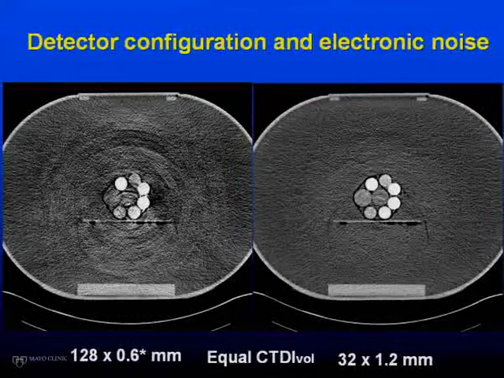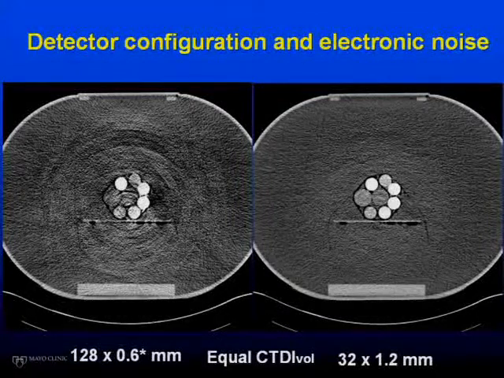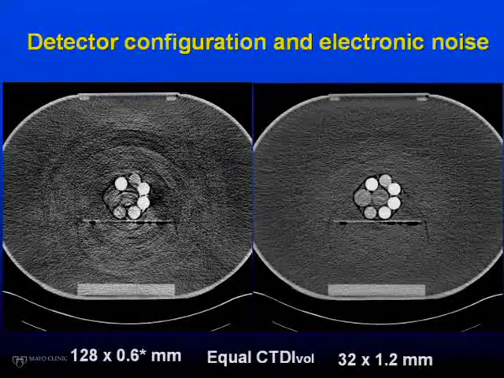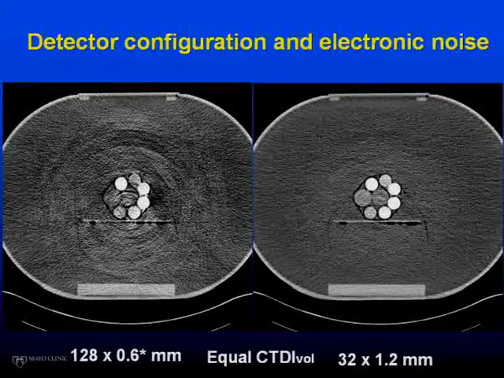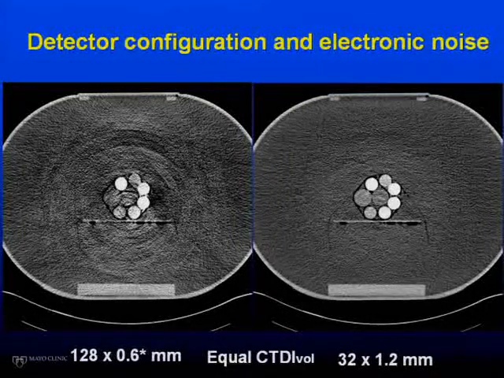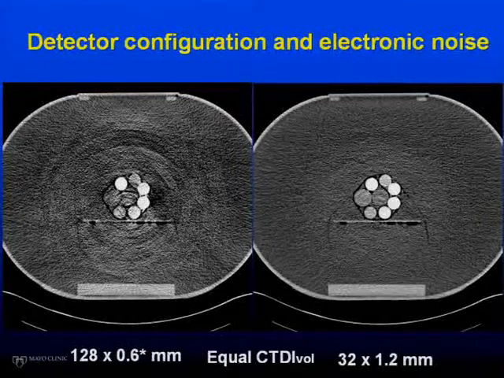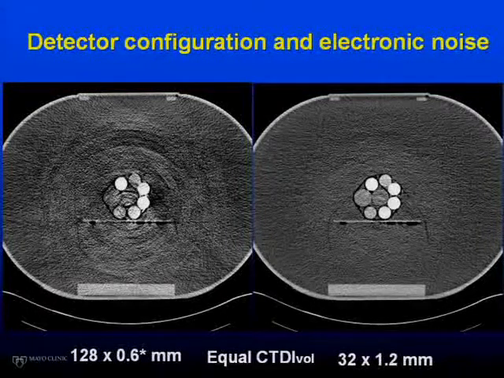A thicker detector element can allow a lower radiation dose and can improve the image quality. Of course, you lose the possibility to reconstruct thinner slice thickness, but for many of the routine exams, this is not relevant. You don't need that thin slice thickness.